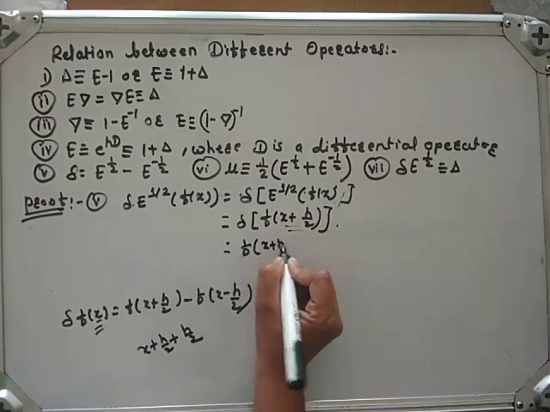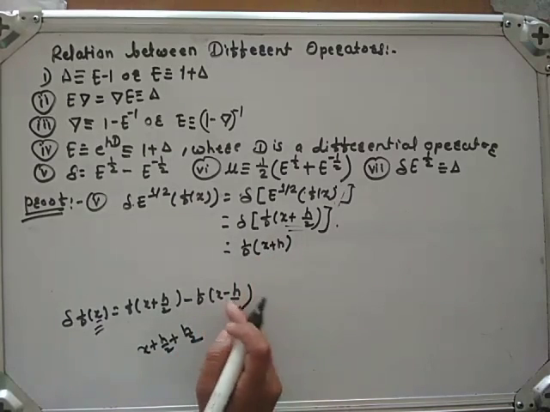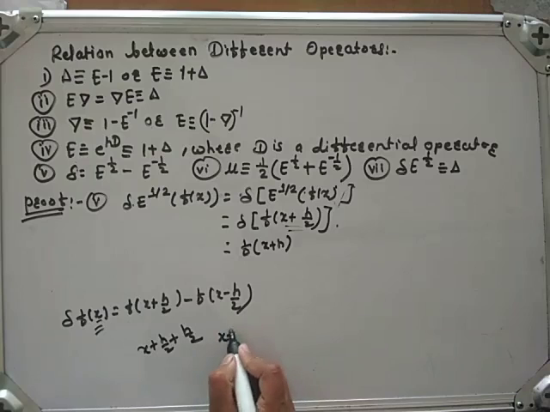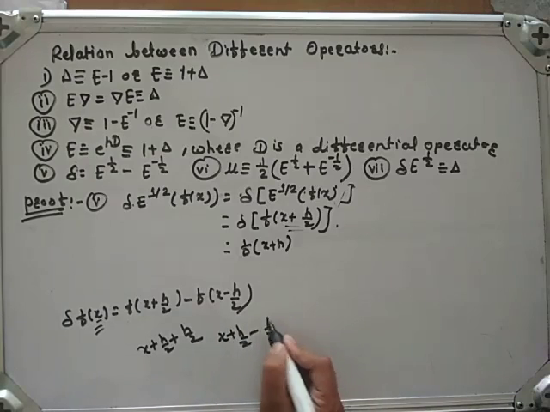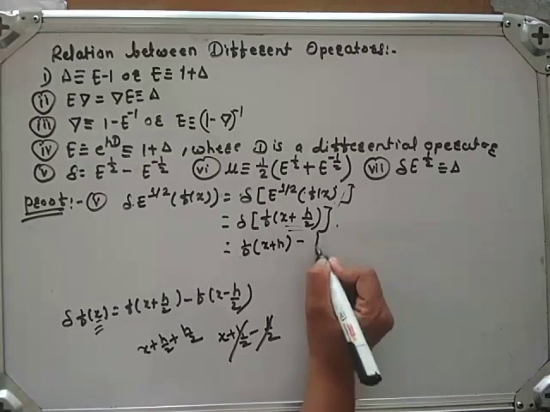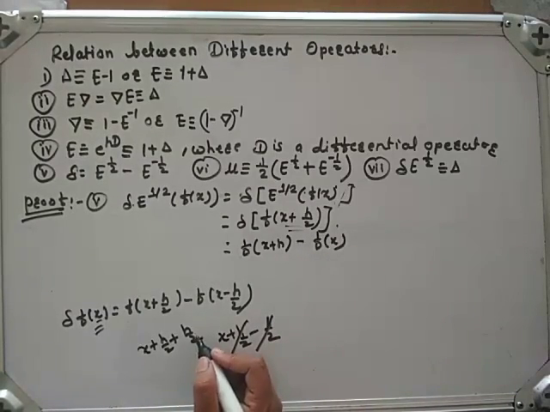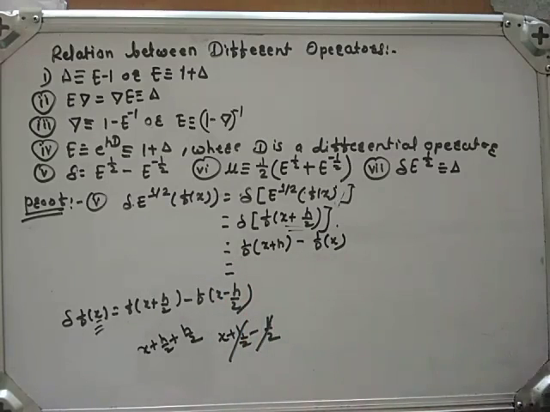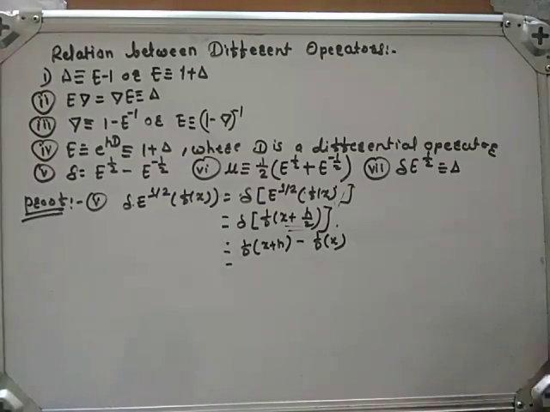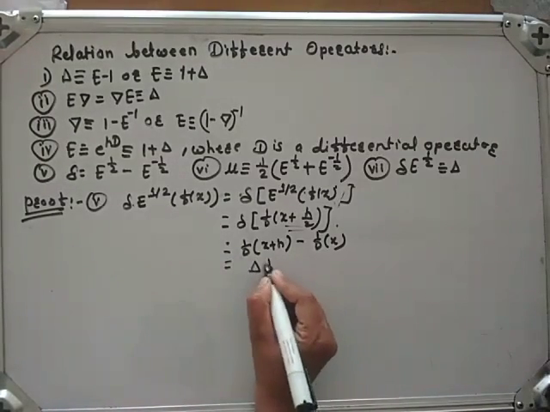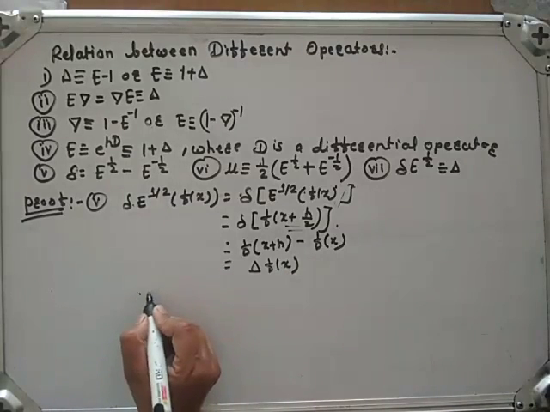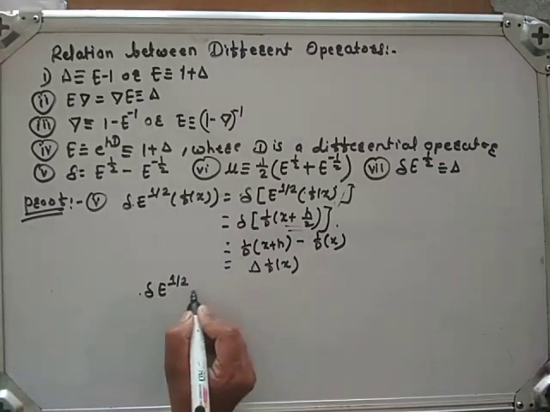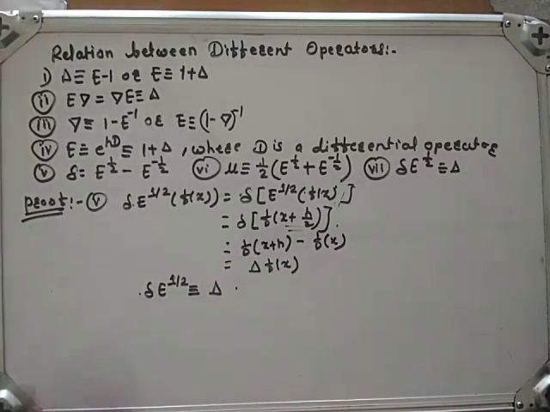F of x plus h minus f of x minus h by 2 means x plus h by 2 minus h by 2. H by 2 and h by 2 cancel. Here remains only f of x, which is the definition of delta, equal to delta of f of x. So delta E raised to 1 by 2 is equivalent to delta. Hence we have proved all the relations between different operators.